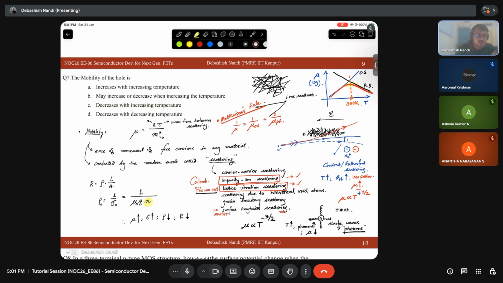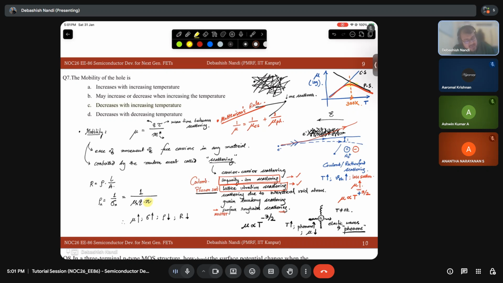Fine. So if somebody asks you how the mobility of hole or electron changes with temperature, what you should ask first is at what temperature we are concerned about. If it is room temperature, beyond room temperature in silicon, mobility drops, right?